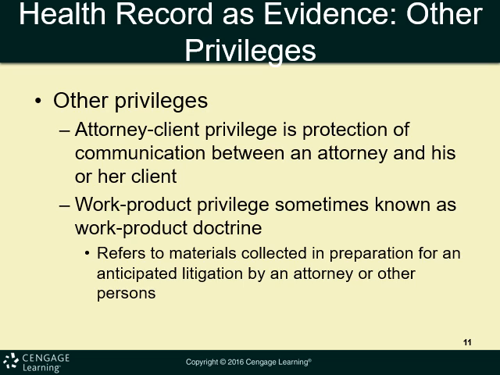This refers to materials prepared in anticipation of litigation that may be shielded from discovery. Unlike the attorney-client privilege, the work referred to under the work product privilege is not limited to an attorney's communications, but can include tangible materials prepared by persons other than the attorney.